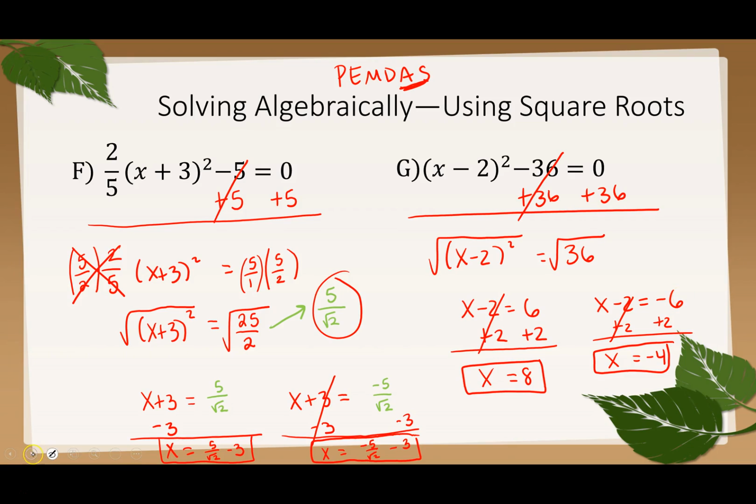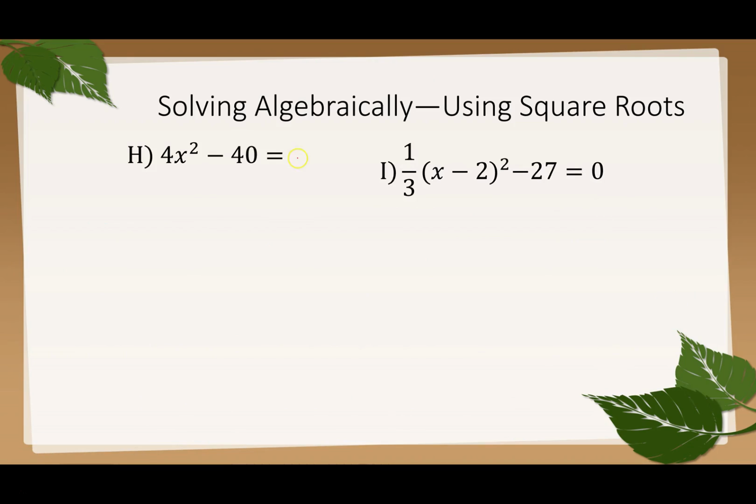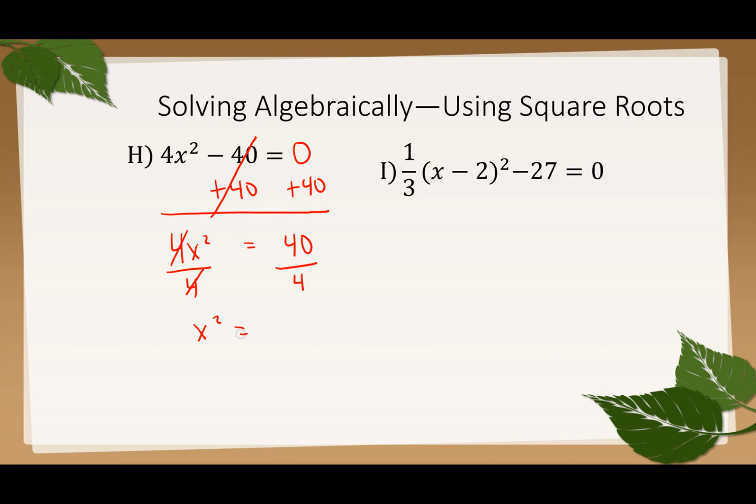All right, we got 2 more. Oops, forgot my equals 0 here. All right, so for h here, let's go ahead and add 4 to both sides. That disappears. I'm left with 4x squared equals 40. Divide by 4, and I get x squared is equal to 10.